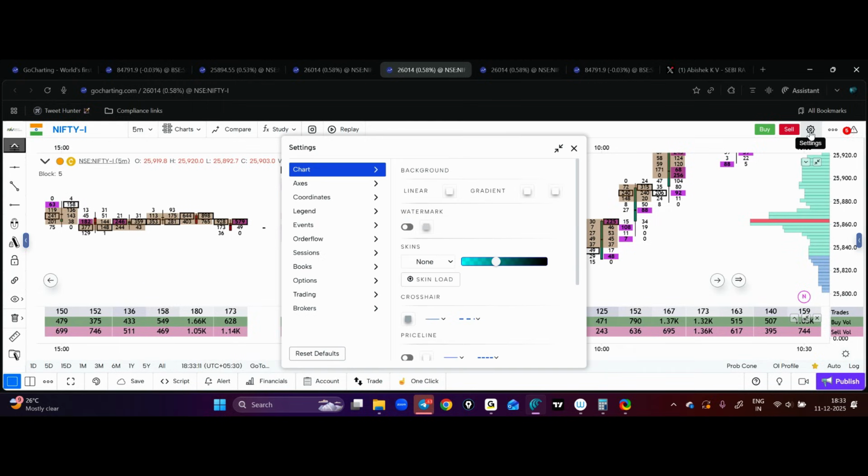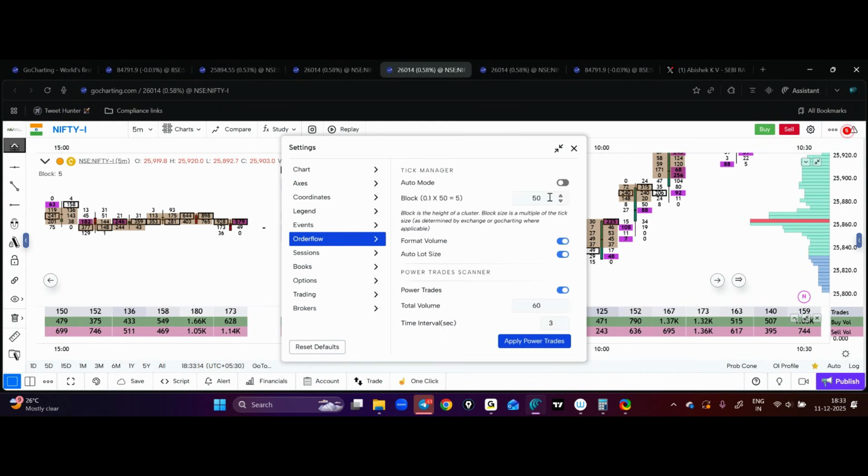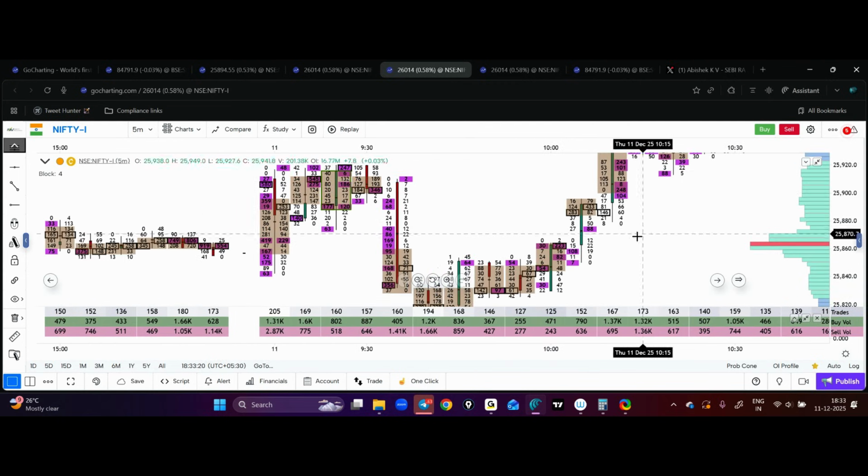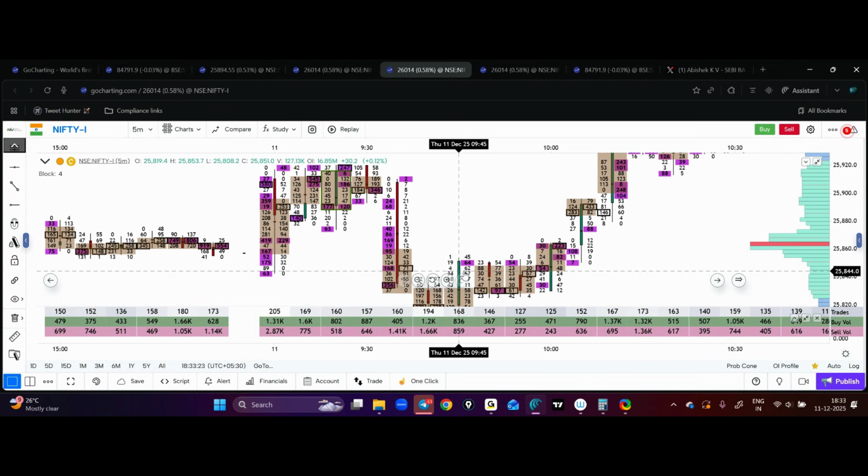Clear? What is the indicator name that you are using? This is not an indicator, this is a type of candlestick that I use called footprint charts. At this point was my first confirmation that there is a high chance of price reversal.